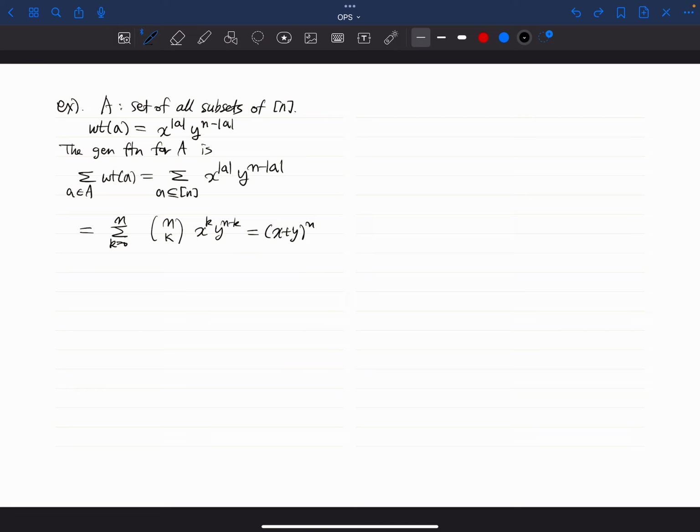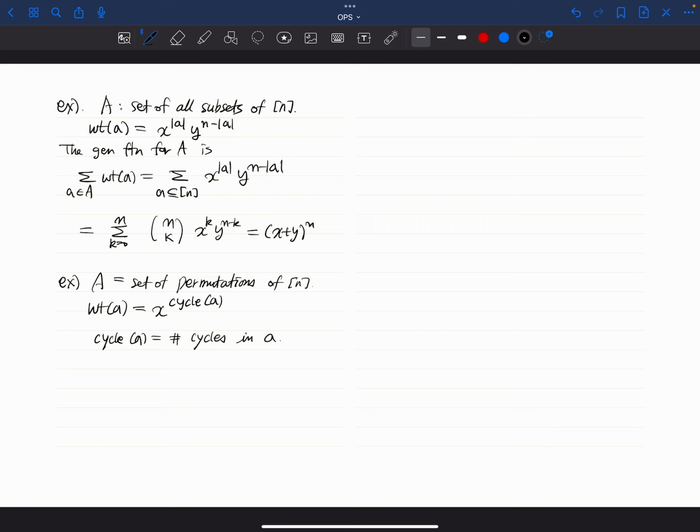All right, and we will see more complicated examples later. For example, let A be the set of all permutations of [n], and define the weight of an element to be x to the cyc(a), where cyc(a) means the number of cycles in the permutation a.